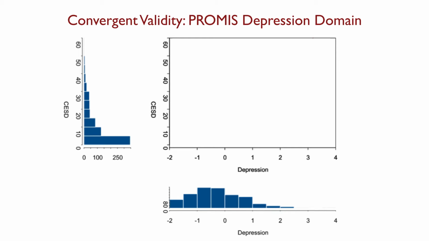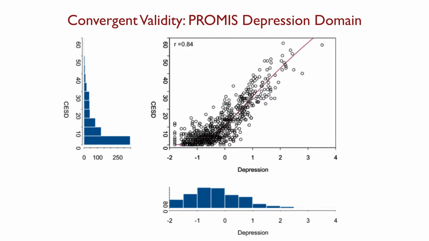So the CESD is on the y-axis, and on the x-axis are depression scores from the PROMIS measure. And we can have a look at those data and see that it's actually a fairly strong correlation there of 0.84. And this strong correlation would give us greater confidence that the type of thing being measured by the PROMIS depression measure is similar to what's being measured by the CESD. It's convergent validity evidence.